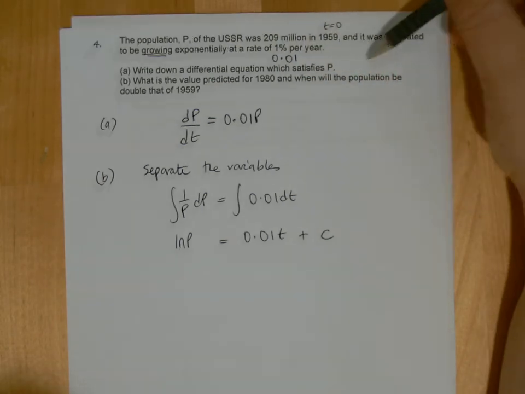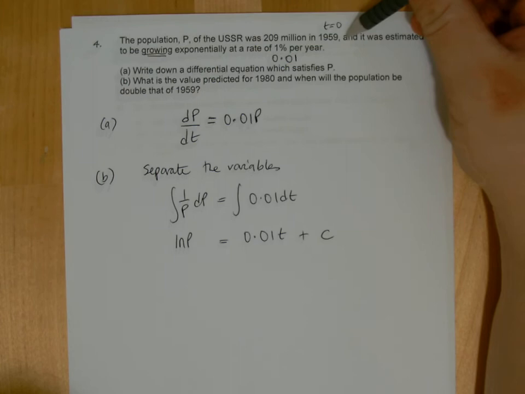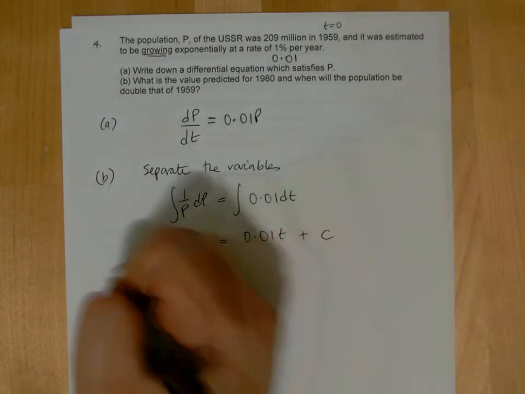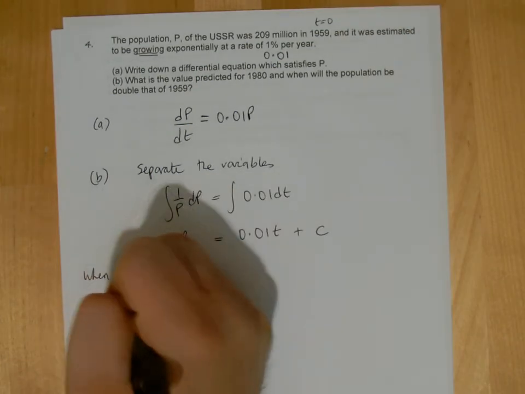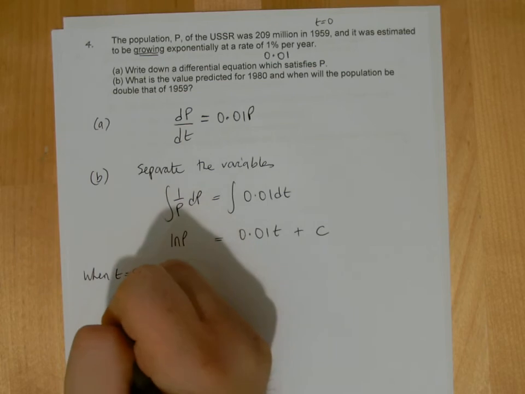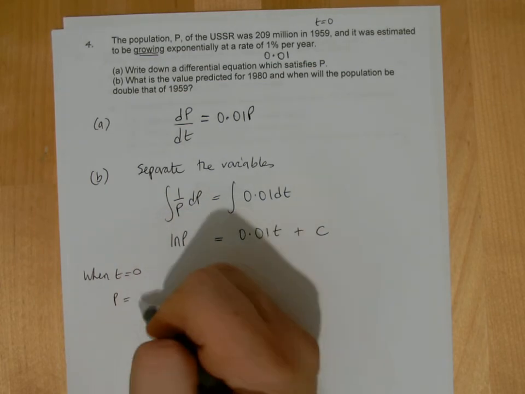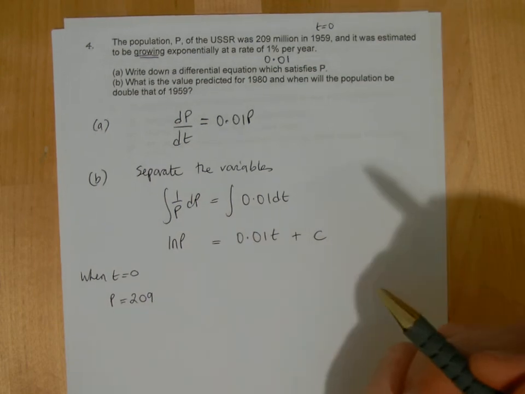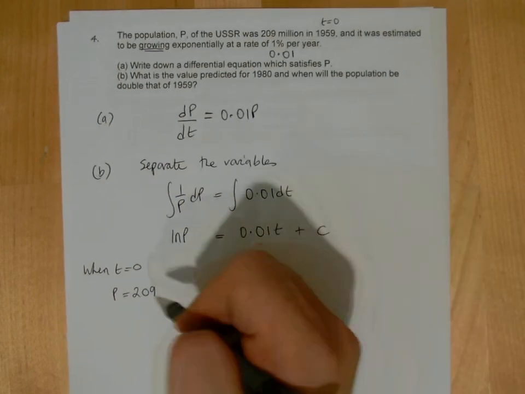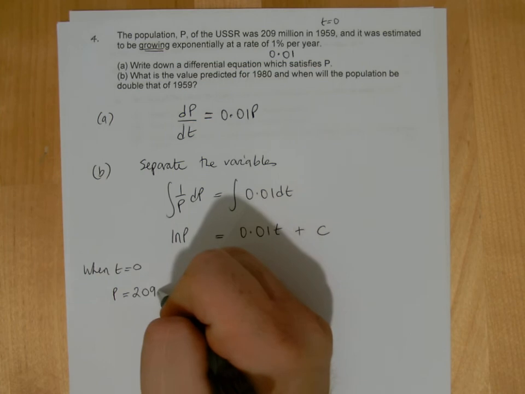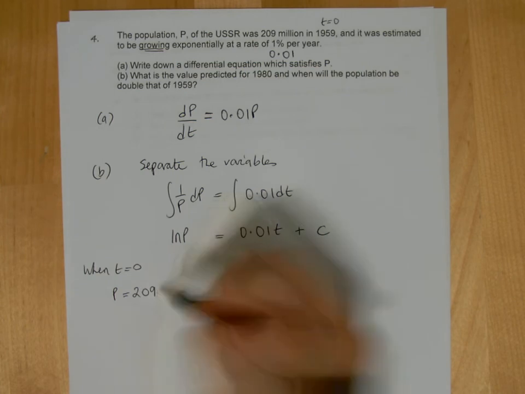So yeah, we'll go with that, t is 0. So when t is 0, population, now let's just put 209, rather than writing it out in full, or should we go for all the zeros?